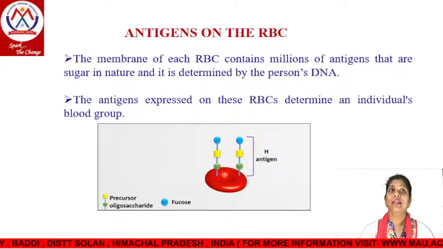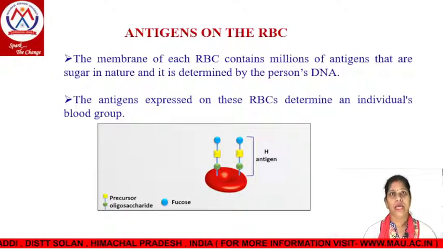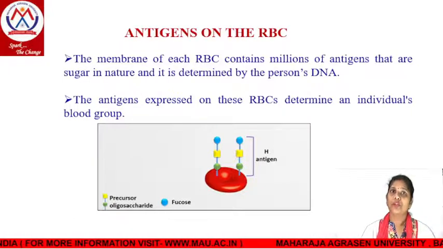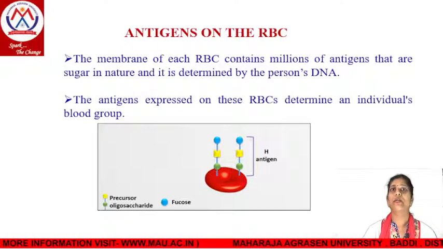And the nature of these antigens is determined by the DNA of the person, right? So, here you can see it is mentioned that H antigen is present on the RBC. This H antigen is the basic structure of the antigen present on every RBC. Now, the blood group is defined on the basis of the side group attached to this particular H antigen.